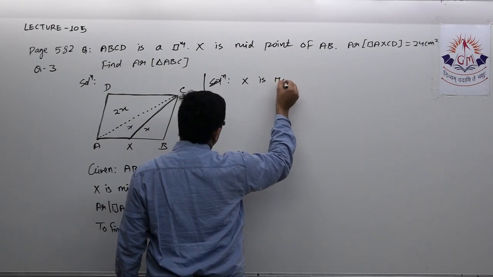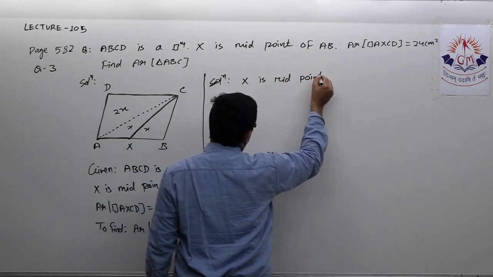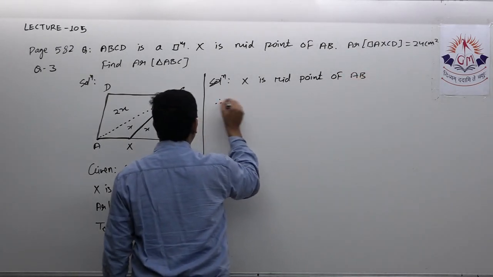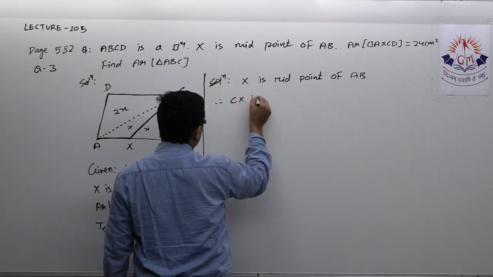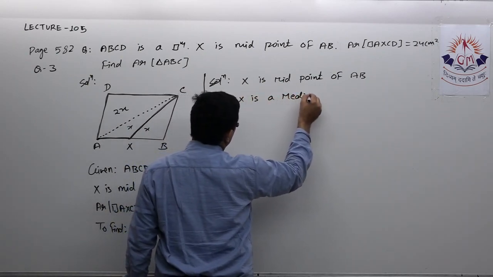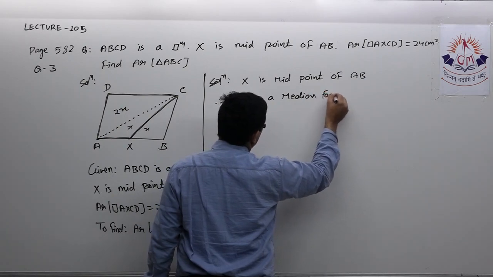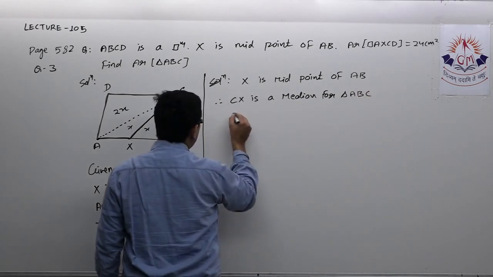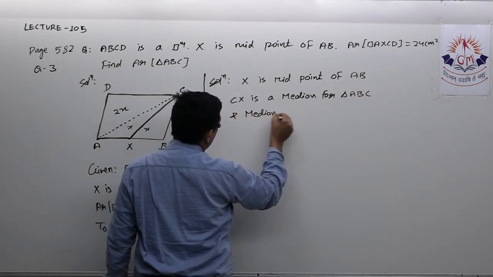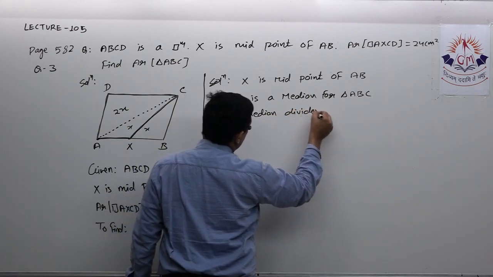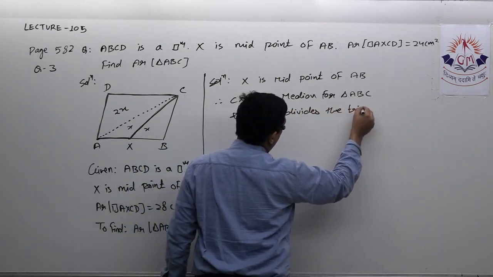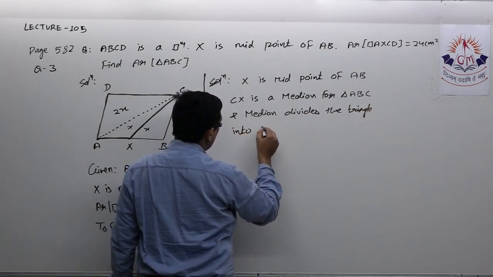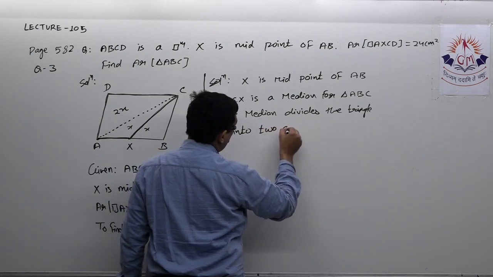X is midpoint of AB. Therefore, I can say CX is a median for triangle ABC, and a median divides the triangle into two triangles of equal area.